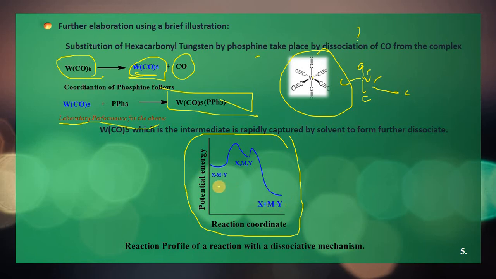We can see here S is coordinated with M plus Y. This is the intermediate. We can see S being removed while M is being coordinated with Y. So let's take note of this in dissociation, and let's take note of the intermediate as well.